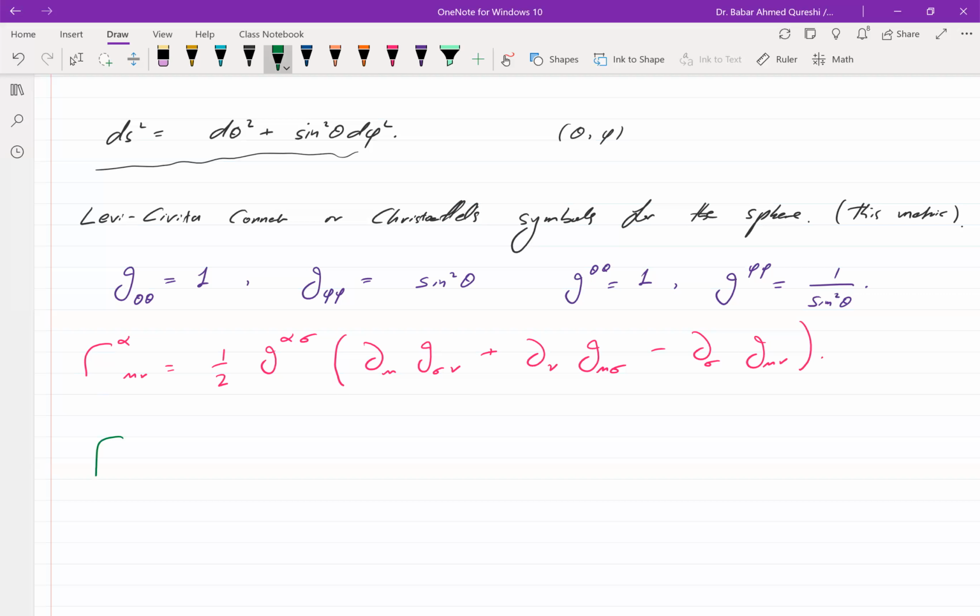So when I do theta theta theta, this theta is fixed since the inverse metric is also diagonal. All these things will involve thetas. But g theta theta is constant, so this is 0.